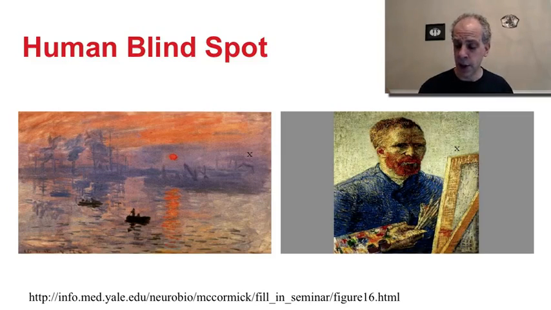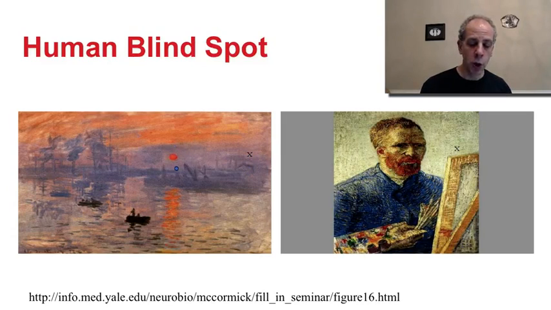I took these images from the website that is provided here. The basic idea is that if you manage to fixate, if you stand like a meter away from the screen and you manage to fixate on a point, like this point here. So you concentrate on fixating your visual system on that point.